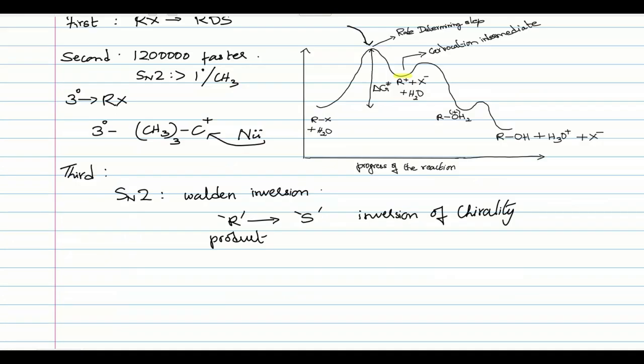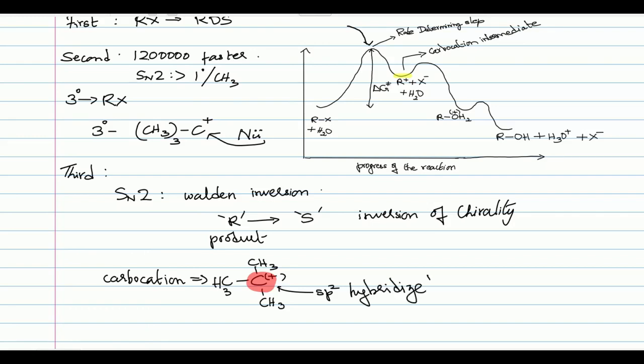But over here, since a carbocation is involved, we also know that the carbon in the carbocation is sp2 hybridized. So this is the carbocation, and the carbon bearing the positive charge is sp2 hybridized.